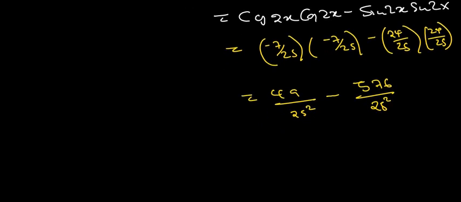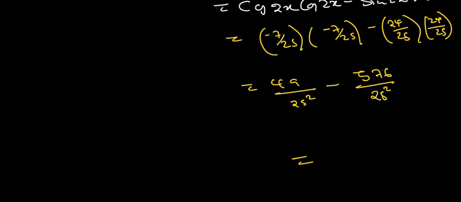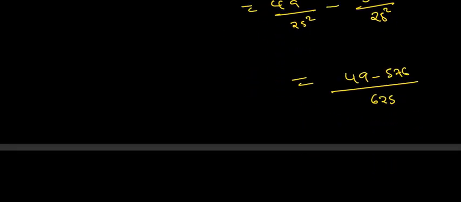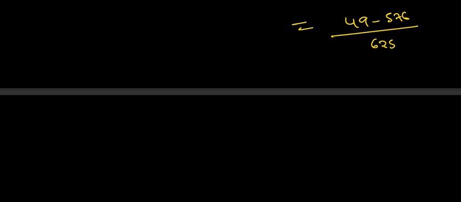So now 25 squared should be 625. Yeah, so we have 625 down there. Then on top we just have 49 minus 576. That's going to give us negative 527 over 625. So this is what you get for your cos 4x.